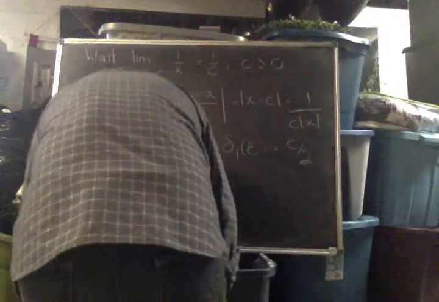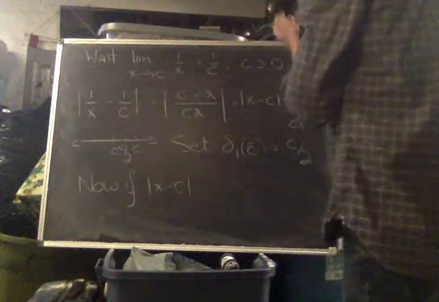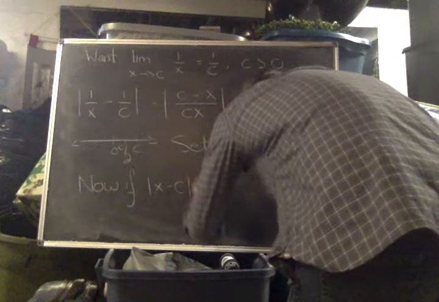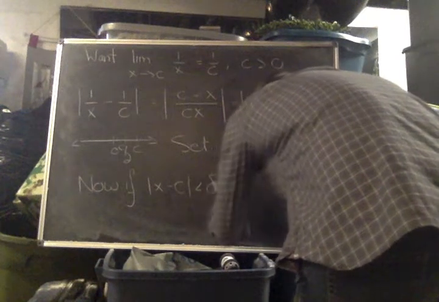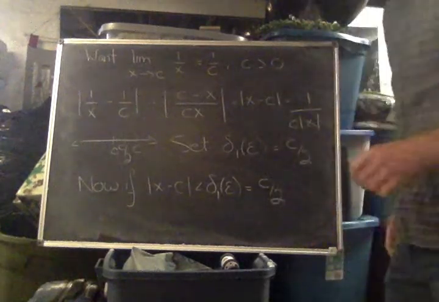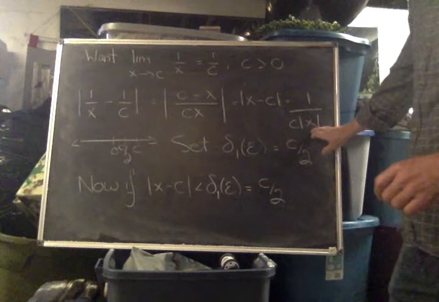And then we observe now if |x minus c| is less than delta 1 of epsilon, which is just c over 2, then we get a lower bound on the absolute value of x, right?